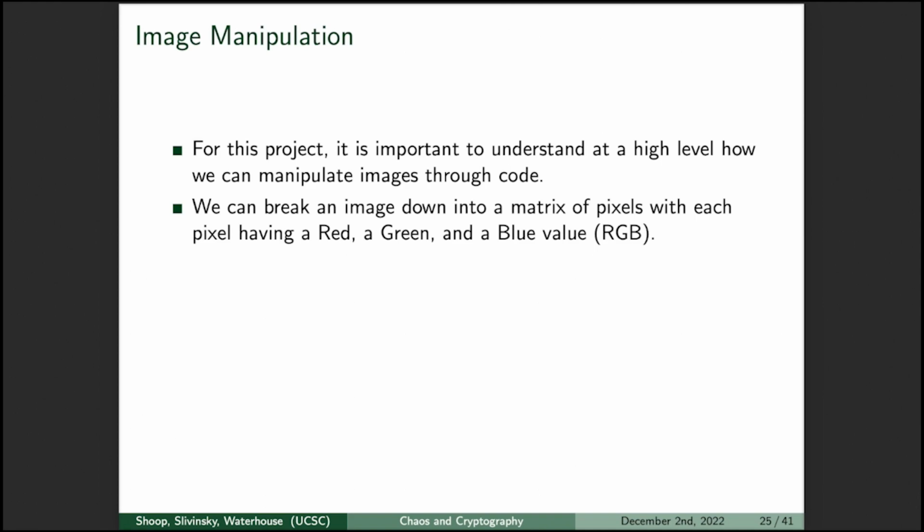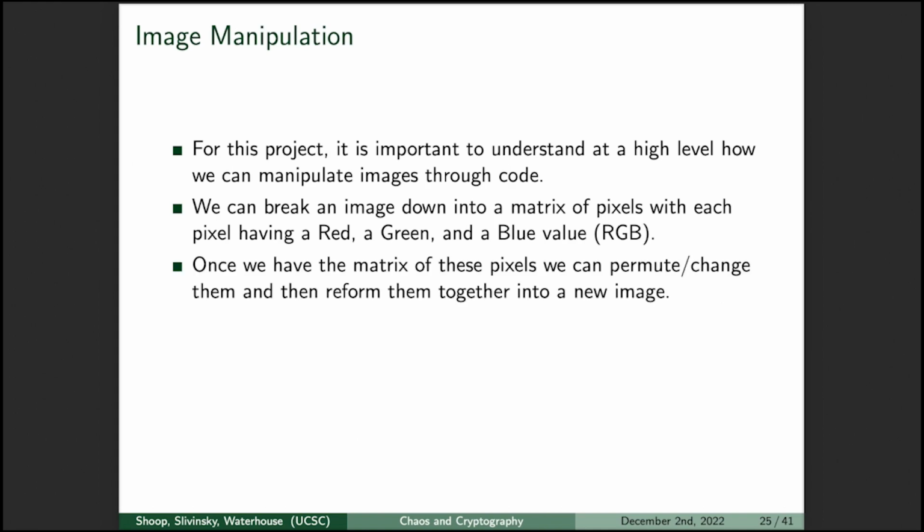Sometimes this is stored in three separate matrices, one for red, one for green, and one for the blue values. There are different formats for storing images on a computer, and sometimes other values are included, but for this project, the important thing to know about is a pixel's RGB value. Once we have these pixel values, we can permute and change them in any way, and then reform them into a new image.